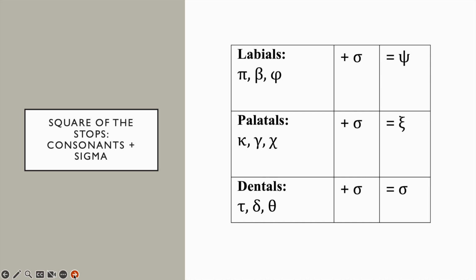So pi, beta, and phi, when they encounter a sigma, become a psi. Palatals, which are made at the back of the throat, kappa, gamma, and chi, when they encounter sigma, become an xi. And finally, dentals, tau, delta, or theta, when they encounter sigma, drop, and they just become sigma.